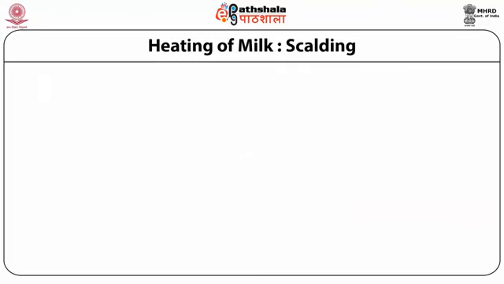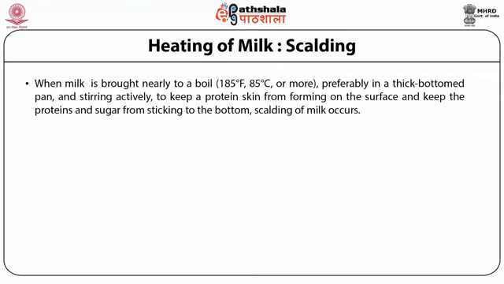Application of heat causes scalding of milk. Scalding of milk is a process when milk is heated on a low flame. That is, the temperature of milk is not taken to the boiling temperature of 100 degrees centigrade. Scalding is performed at 85 degrees centigrade or slightly more.